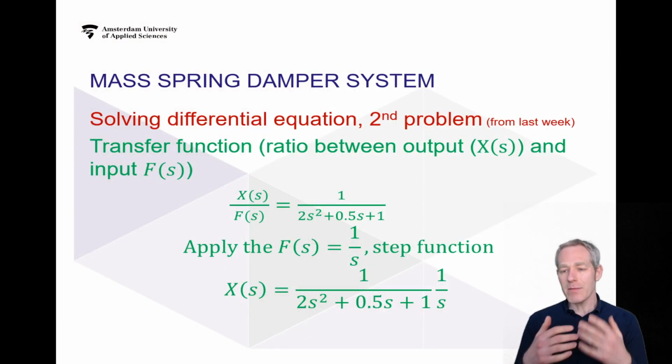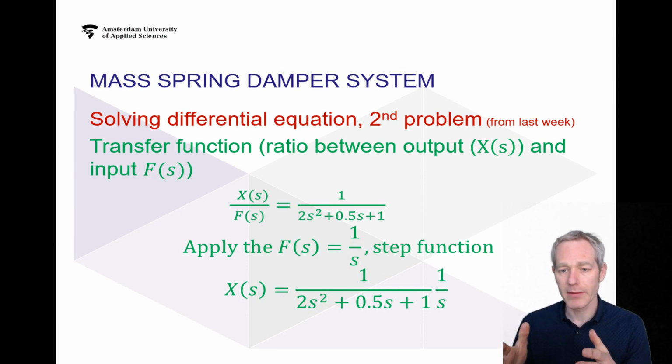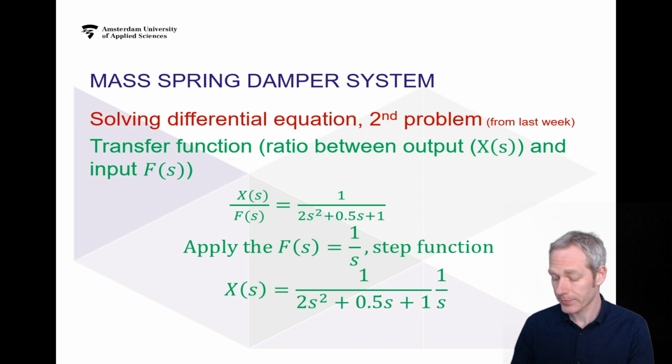Now, as an input we have a step function. But in the Laplace domain, we're simply multiplying. So if we want to see what the Laplace transform of the output is going to be, it is simply multiplying our transfer function by that input, 1 over s.